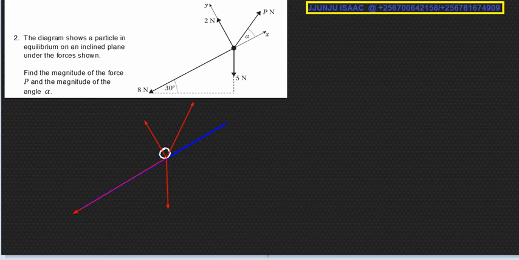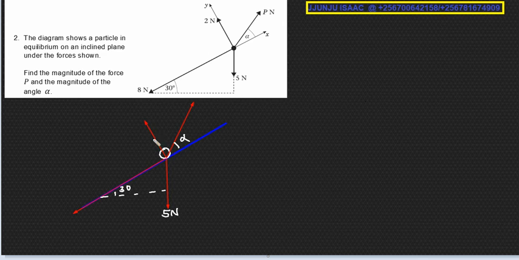So this angle here is 30 degrees. So if this angle is 30, this is 60, meaning that the 5 newtons, when resolved, because in such problems we have to resolve along the plane and perpendicular to the plane.